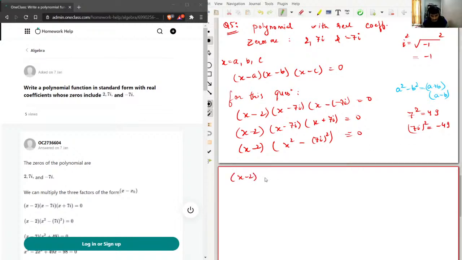So this is x minus 2, x square, and this negative and negative, I can just club these negatives and this will become one positive.